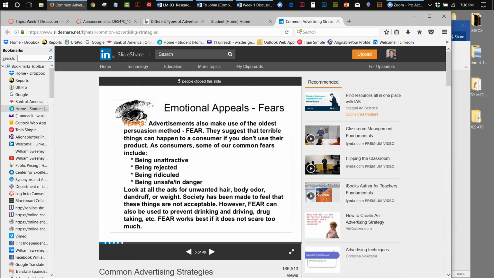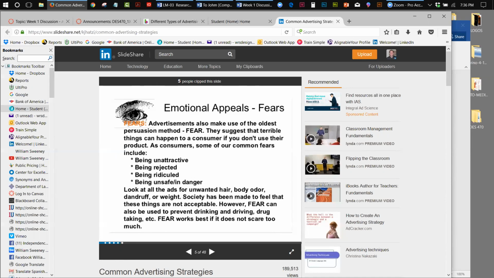Look at the ads for unwanted hair, body odor, dandruff, and weight. While they often use humor with these, the feeling of unattractiveness, of ridicule, is still there. Dandruff or weight. Society has been made to feel that these things are not acceptable.